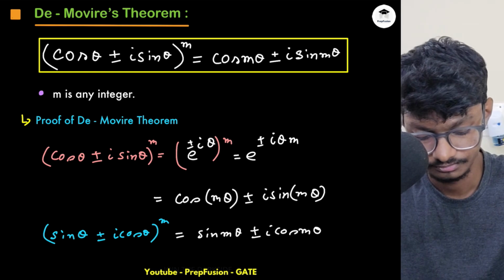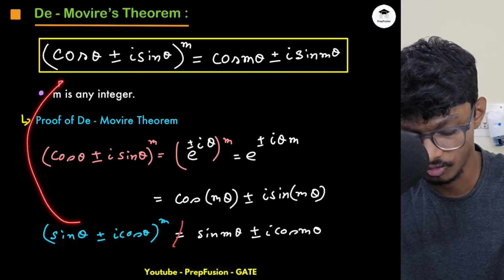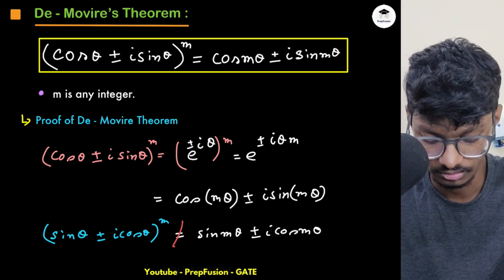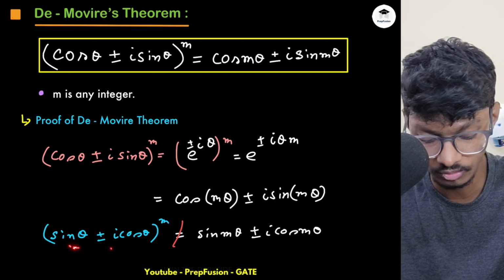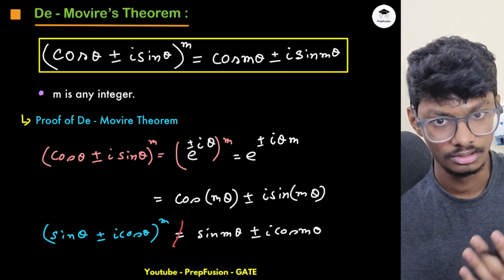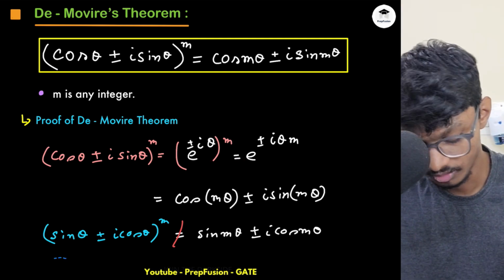It will not be equal to this, because it is not the correct format. The i should be with the sine of theta, and the real term should be cos theta, because then only can we convert into this Euler format and write this representation. So this is also not possible.